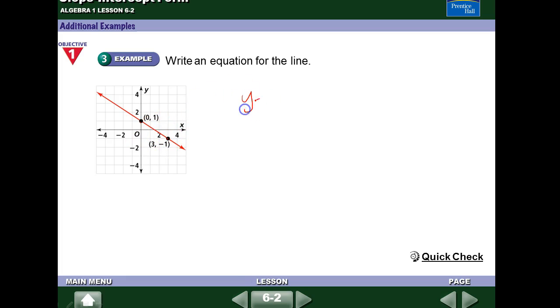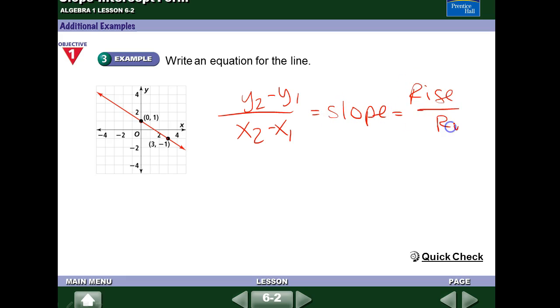You could take y2 minus y1 over x2 minus x1 to find your slope, or you could do rise over run. So I'm going to do rise over run. I'm going to rise 1, 2, and run a negative 3. So rise over run, my slope is going to equal 2 over negative 3.